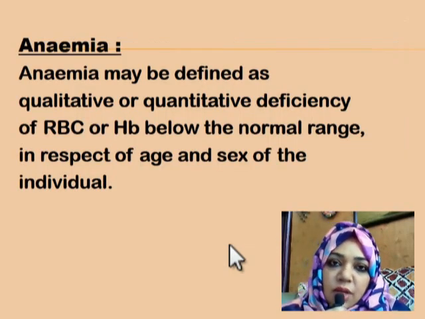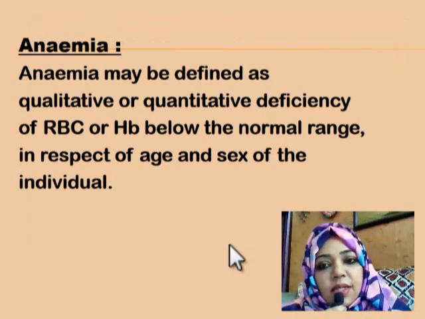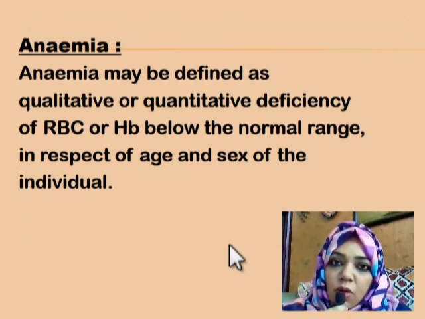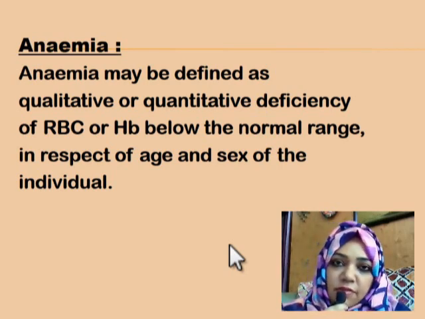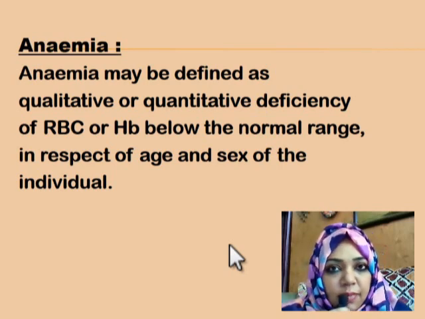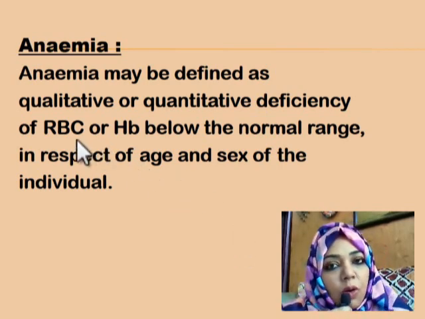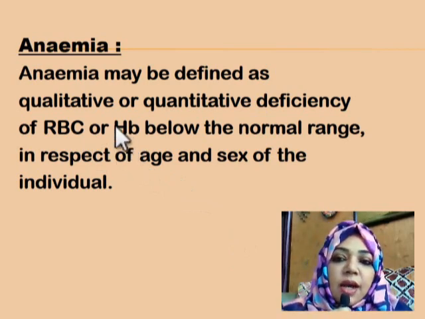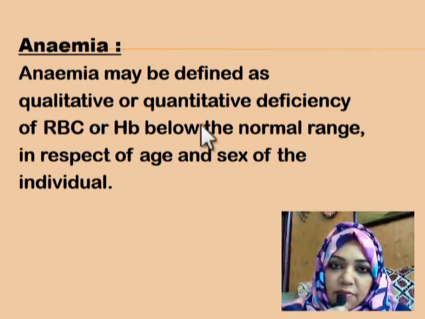Now let us come to anemia. Anemia can be defined as the qualitative or quantitative deficiency of RBC or hemoglobin below the normal range in respect of age and sex of the individual. So, in an anemic patient, the RBC level may be decreased or the hemoglobin level may be decreased, and it can be a qualitative deficiency or a quantitative deficiency.